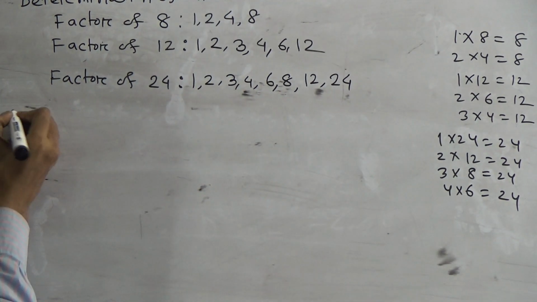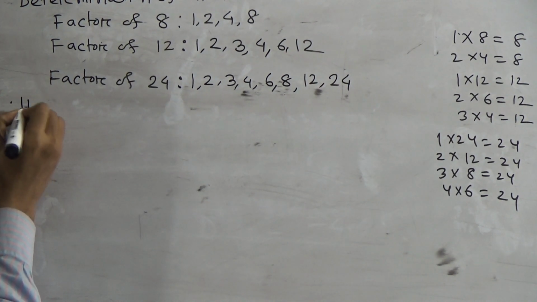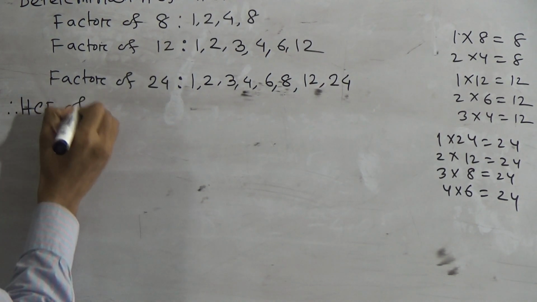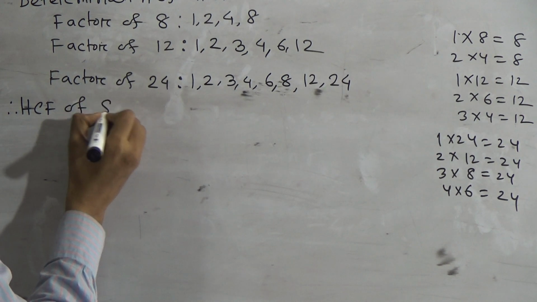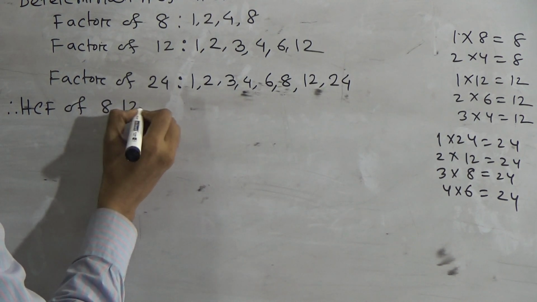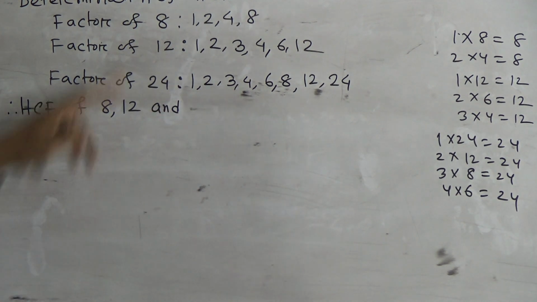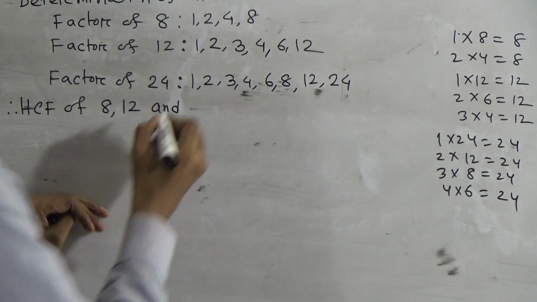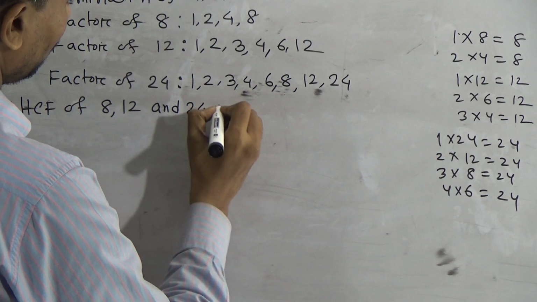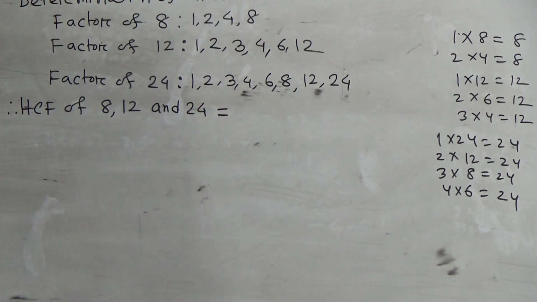Therefore, write HCF of 8, 12 and 24 equal to what? I told you HCF means highest common factor. You see which one is the highest common factor?